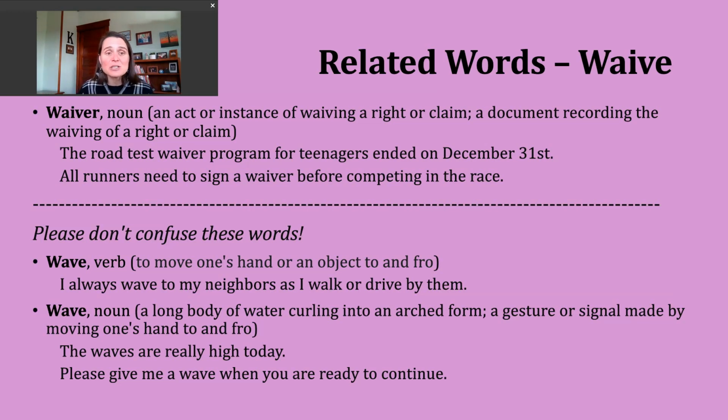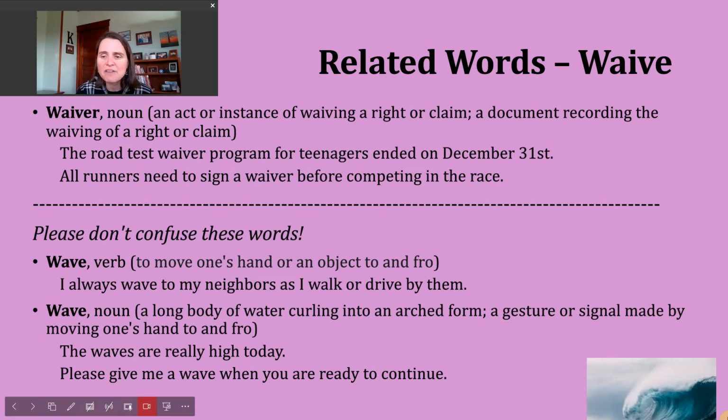One way the verb gets used is to talk about moving our hand or an object to and fro. So think back and forth, that idea. An example of this verb in a sentence might be, I always wave to my neighbors as I walk or drive by them.